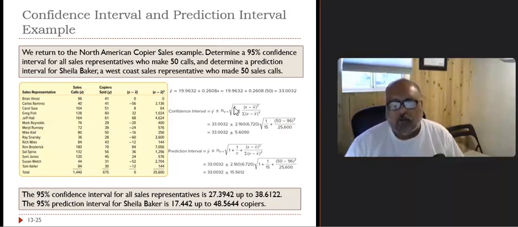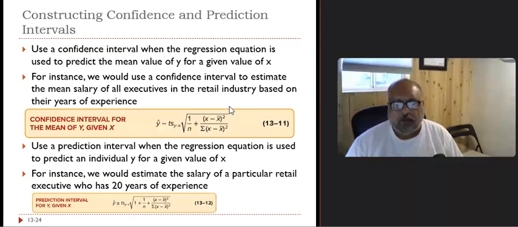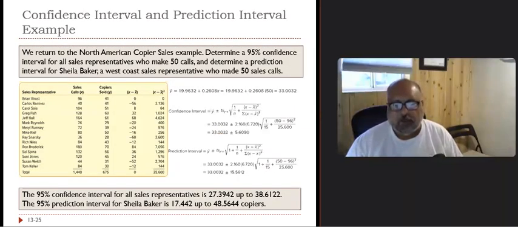So I was saying, we can apply this understanding to solve the problem that we have been following along, in this scenario of our American copier sales.